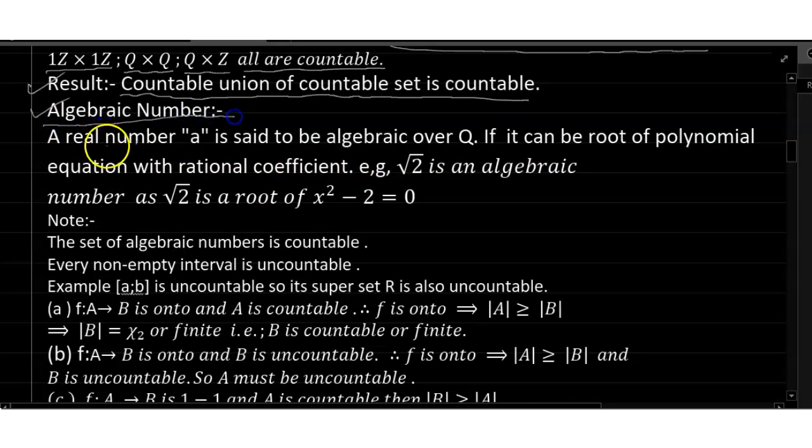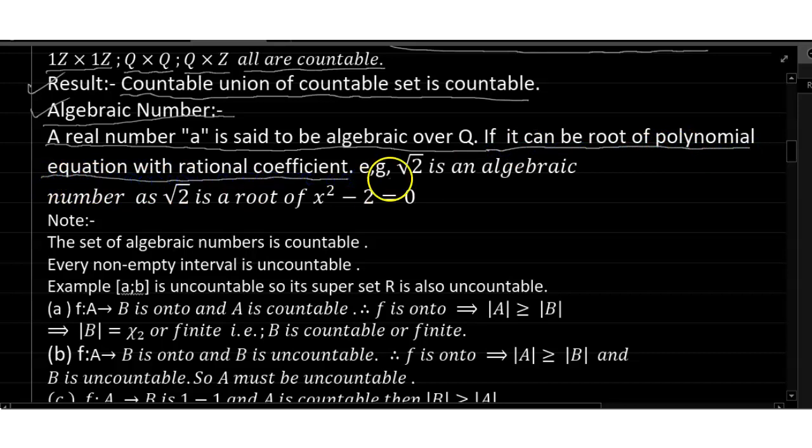Algebraic number. A real number a is said to be algebraic over Q if it can be a root of a polynomial equation with rational coefficients. Example: root 2 is an algebraic number as root 2 is a root of x squared minus 2. So this portion is important, friends. What is an algebraic number?